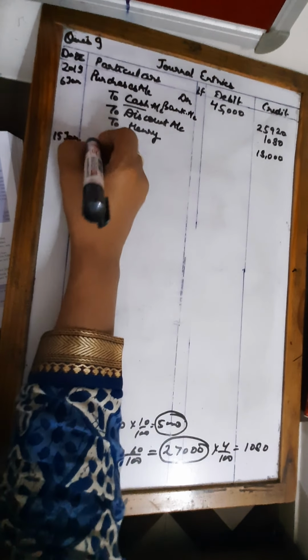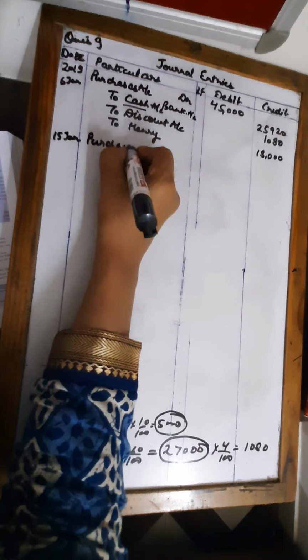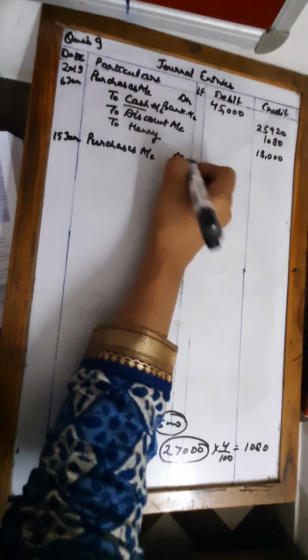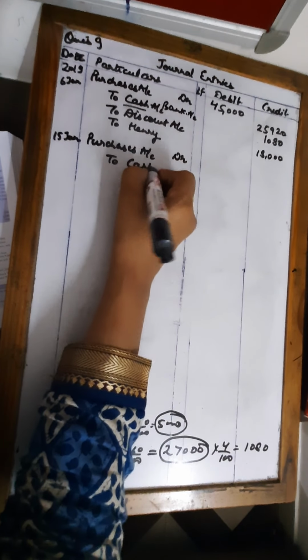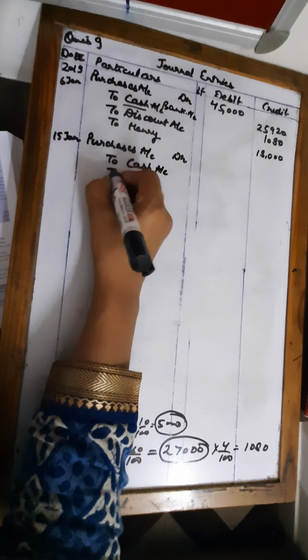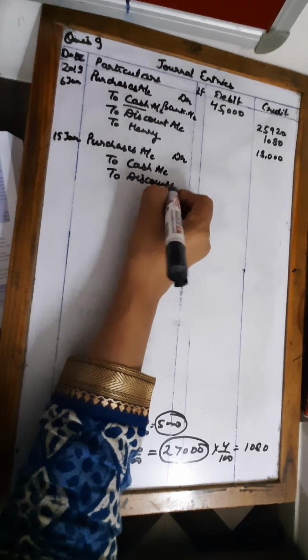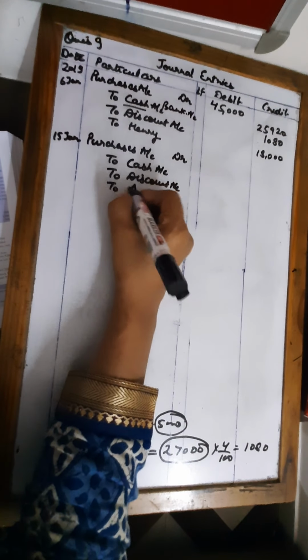So again the same transaction here we will transfer. Purchases account debit to cash account, to discount account, to Amit.